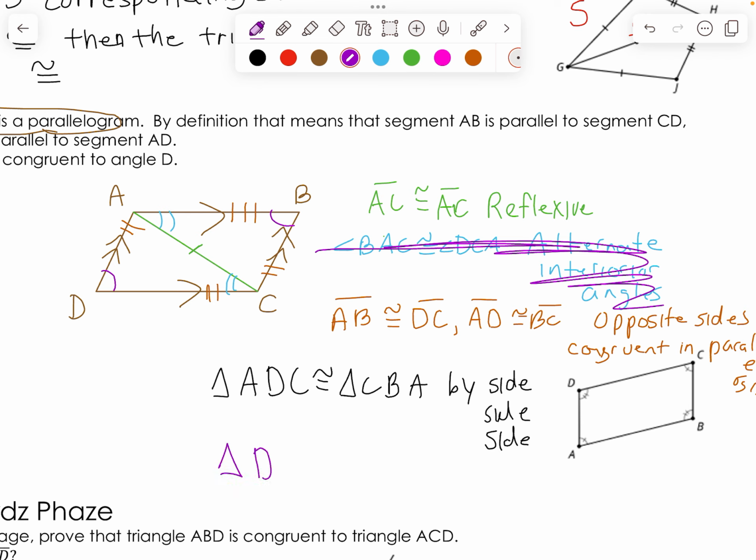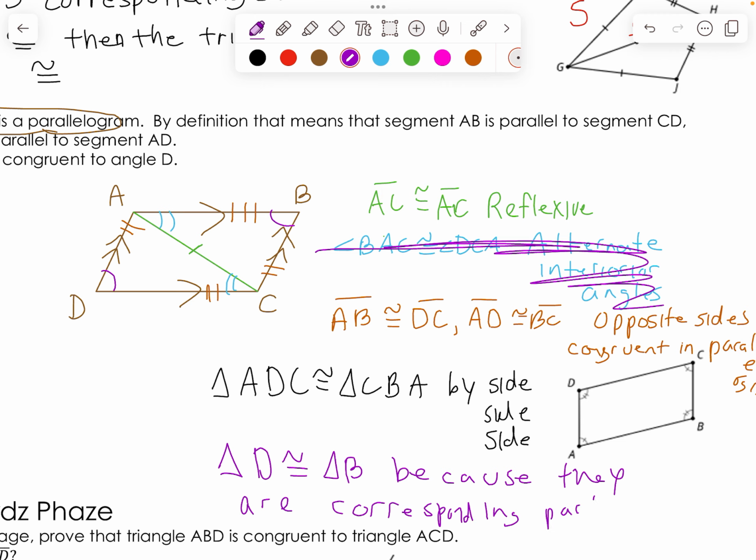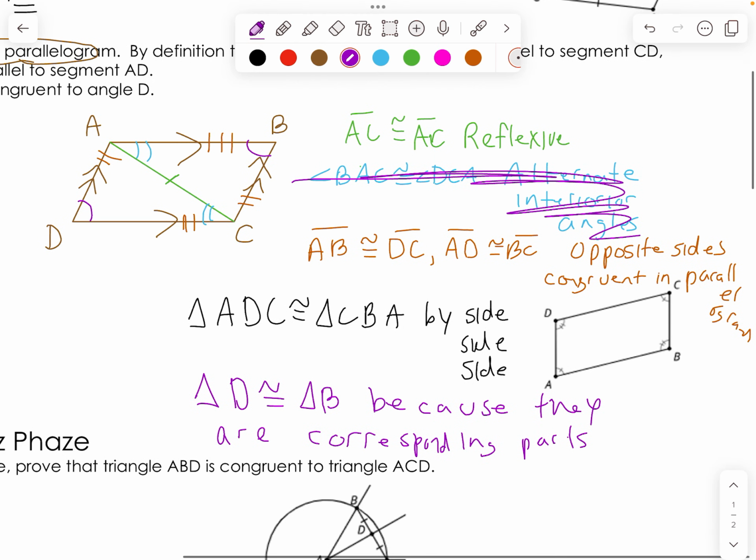So angle D is congruent to angle B because they are corresponding parts of congruent triangles.